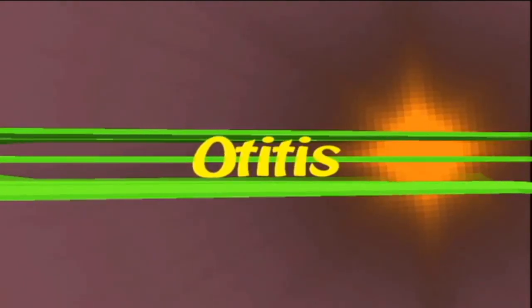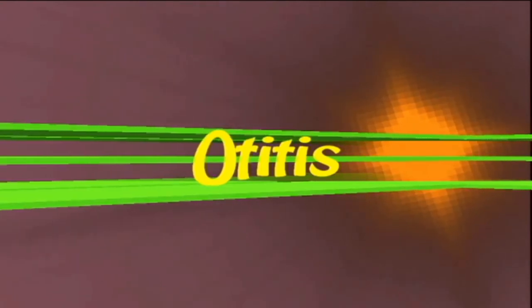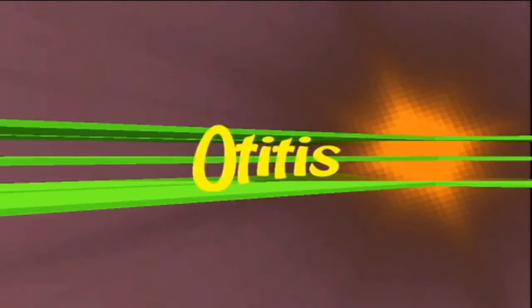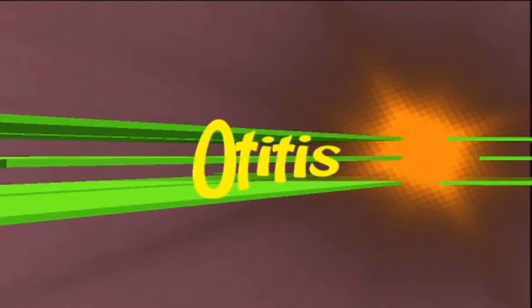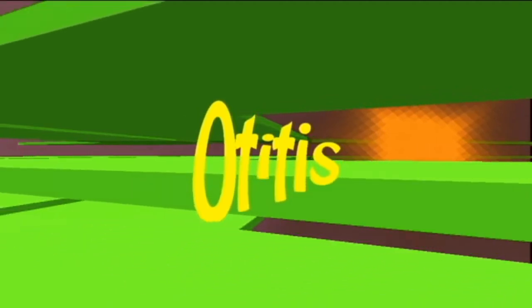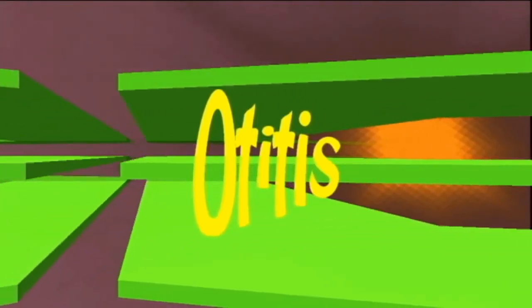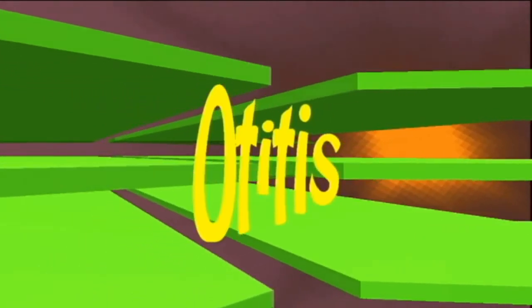Otitis. This, an infection in the inner or the outer ear, is one of the most common causes of ear pain. An infection of the inner ear affects the Eustachian tube, which connects the middle ear to the back of the nasal cavity and the upper throat.